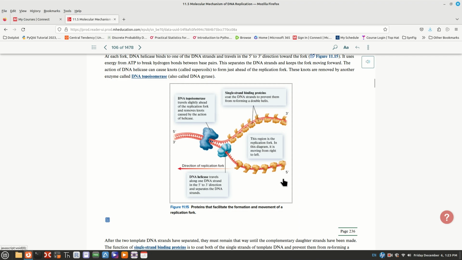The first one is just how we form the fork. So when you're explaining this, the first question is, how do we get this fork? Well, several proteins come together and create the fork.